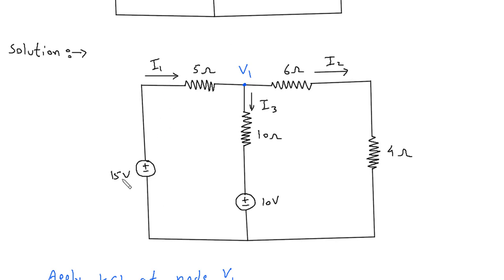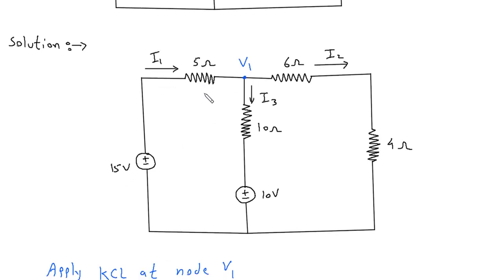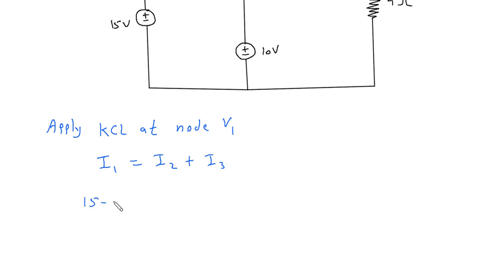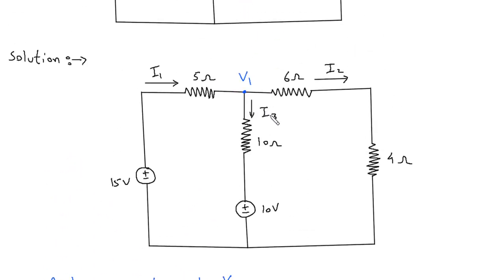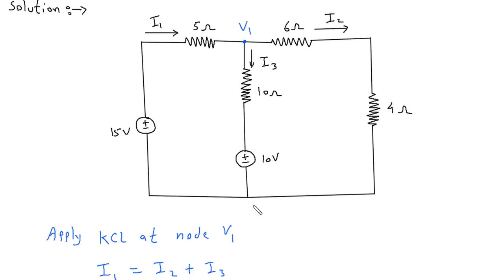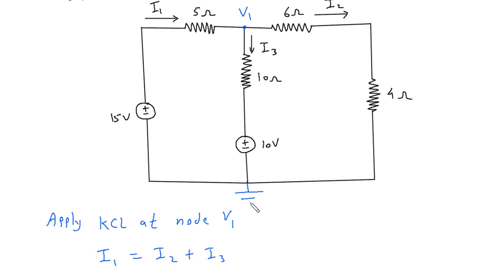So I1 is equal to (15 minus V1) by 5. I2 is V1. Let us say this is a reference node.